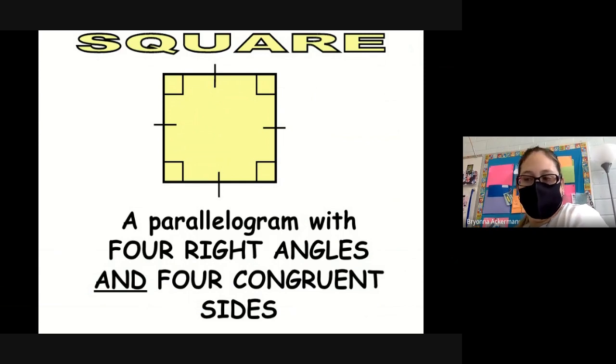And so you'll notice under square, there's nothing really filled out for you to put there because all of its properties come from a rhombus, a rectangle, and a parallelogram. Okay? So a rhombus has the 4 equal sides, so does the square, but it also has the 90 degrees like a rectangle.